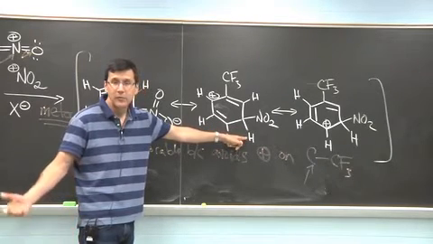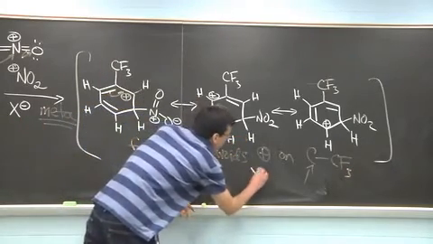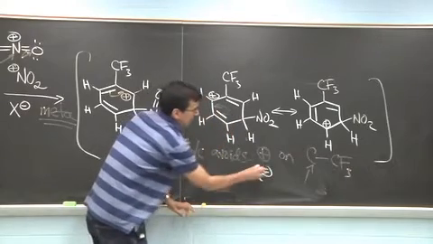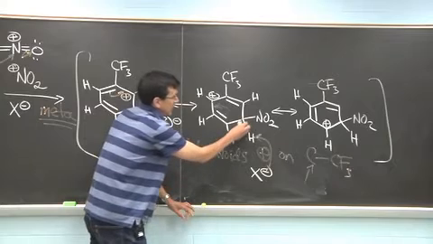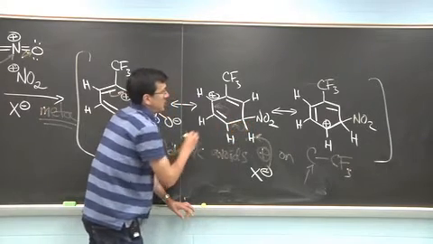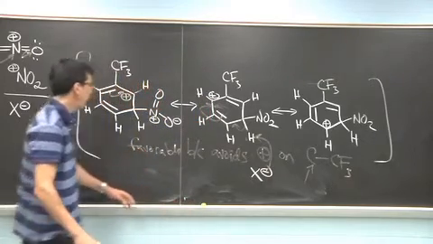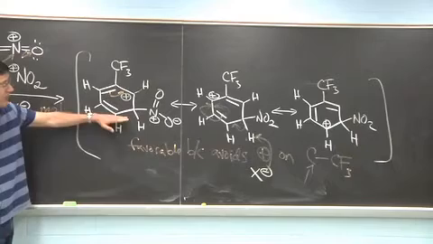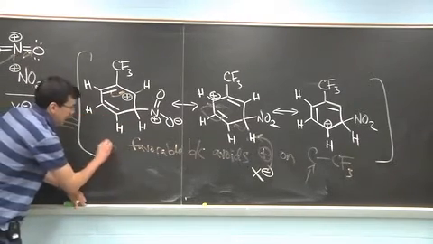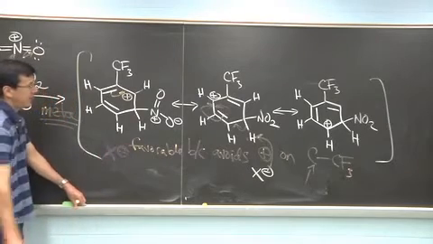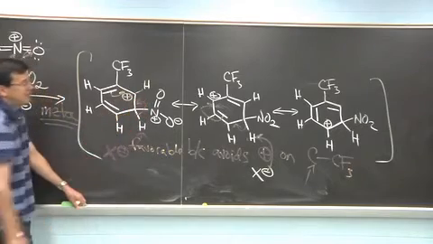What is the base? Well, it's X minus in this particular example. So if we use X minus to remove this proton, and at that point we can make a double bond, and we would have to push the arrow around that way. Notice you could do this from a different resonance structure if it's easier for you. So I would get to the same place if I started over here, removed this proton, and did that.